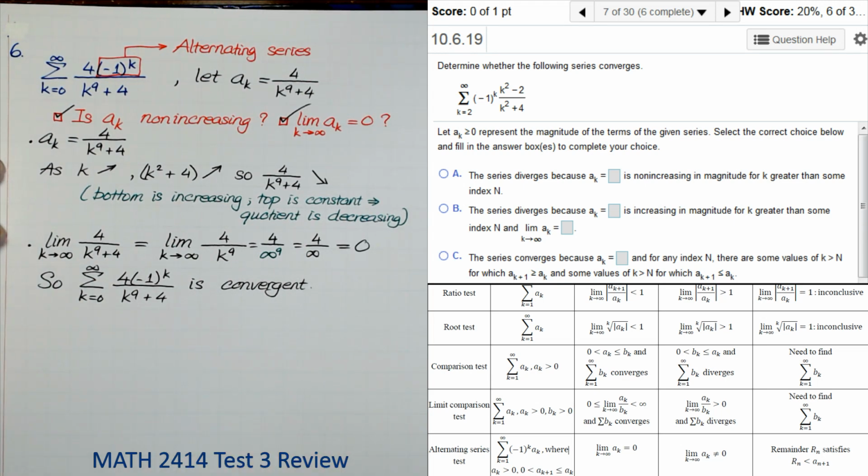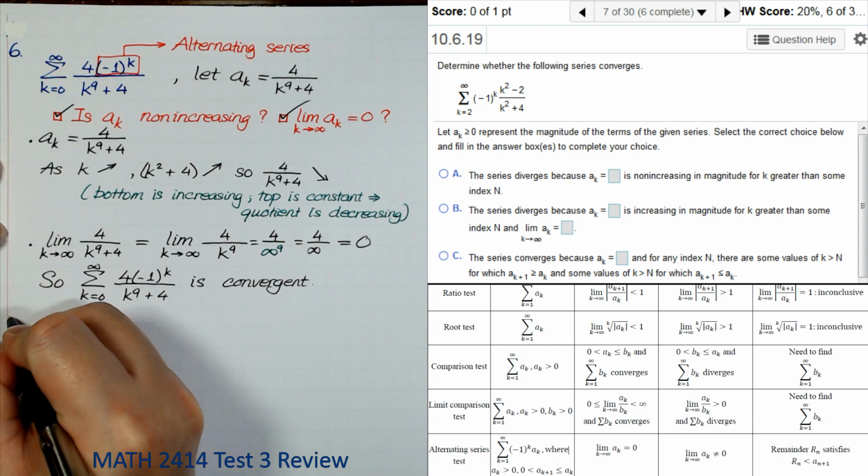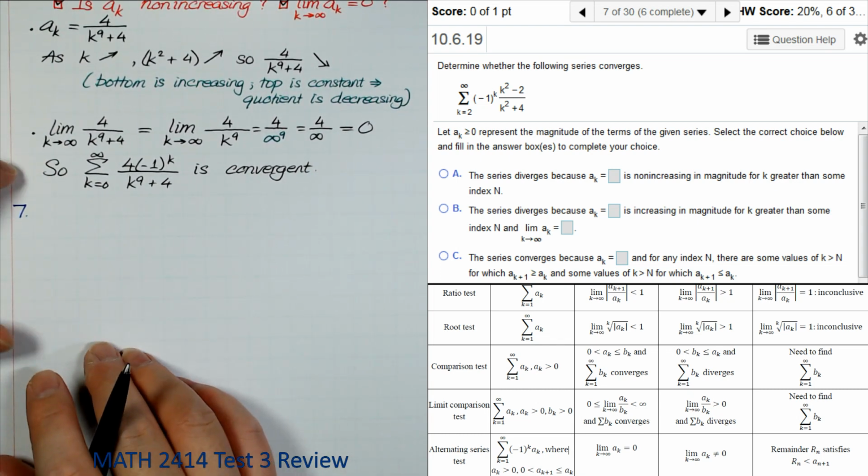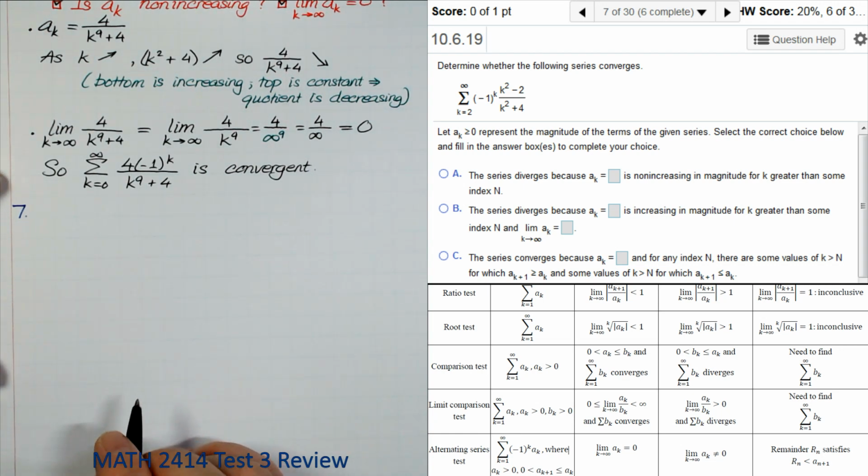Right. Number 7. Determine whether the following series converges.